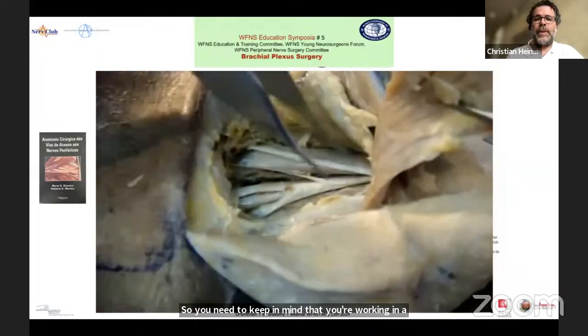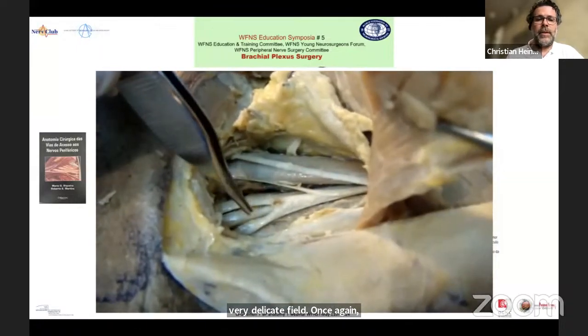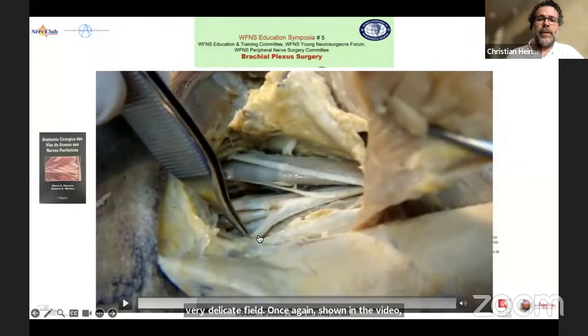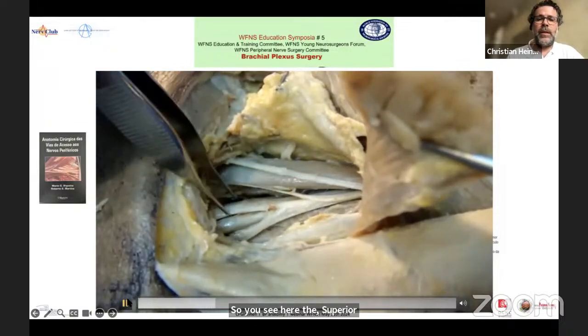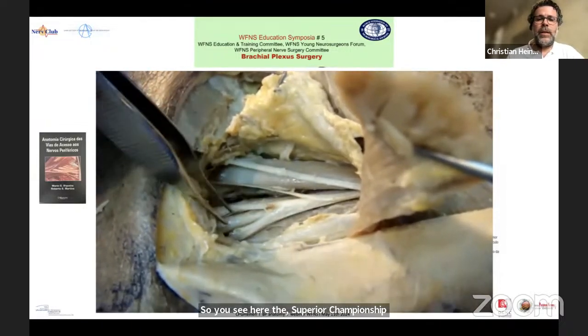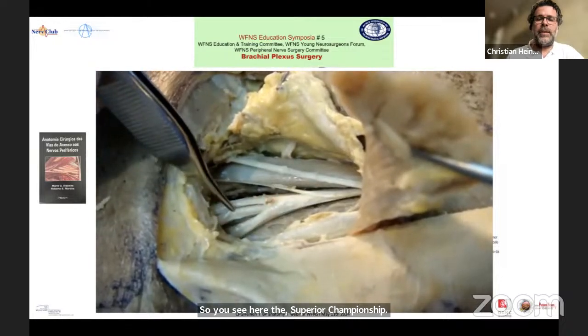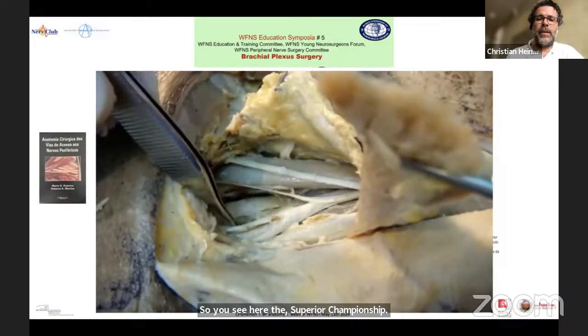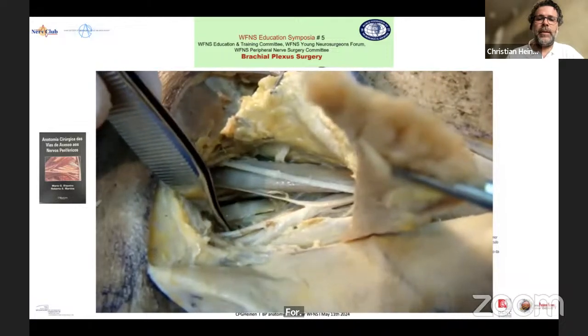Once again, shown in the video, the individual structures. So you see here the suprascapular nerve, superior trunk, phrenic nerve. Posterior division, middle trunk appearing.